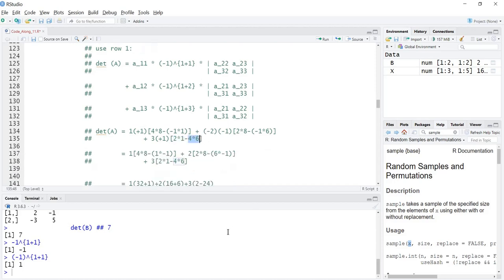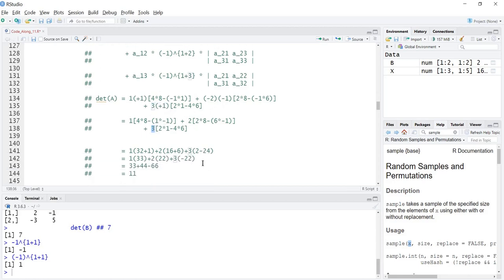Now I simplify. A 1 times a positive 1 is just a 1. A negative 2 times a negative 1 is a positive 2, negative times negative. A 3 times a positive 1 is just a 3.